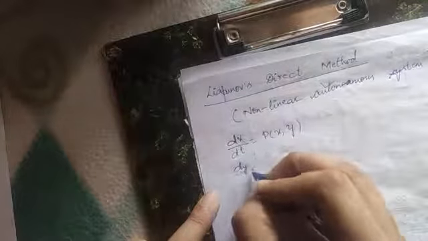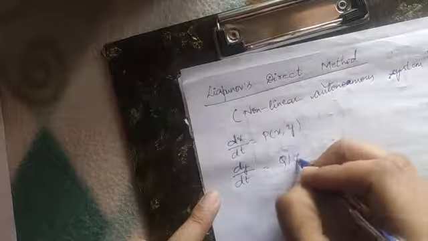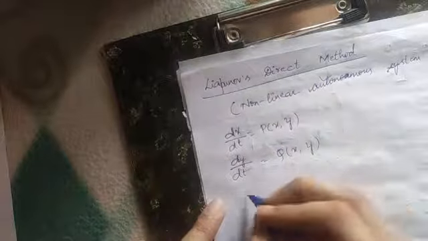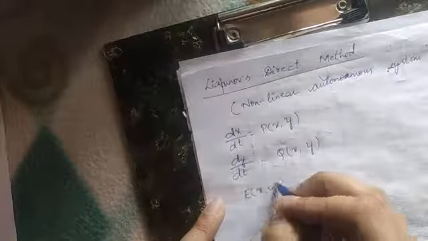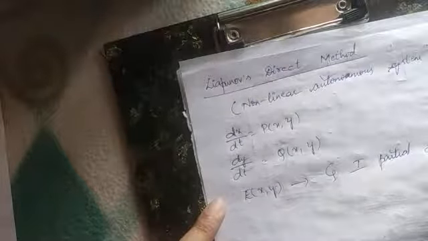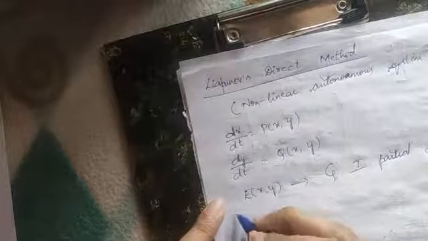So the definition says that if I consider a nonlinear autonomous system, say dx by dt is equal to p of x comma y and dy by dt is equal to q of x comma y, I will define E of x comma y, which has continuous first order partial derivatives at all the points x comma y in a domain D containing the origin also.